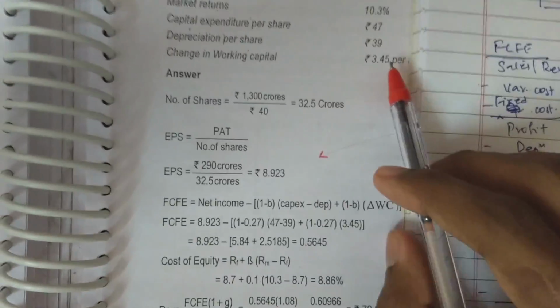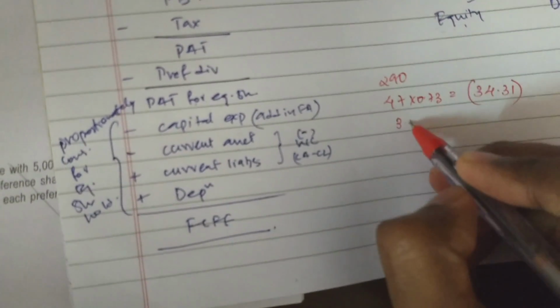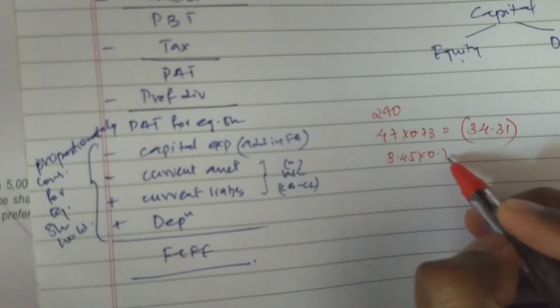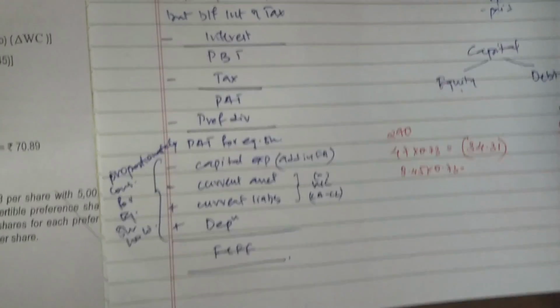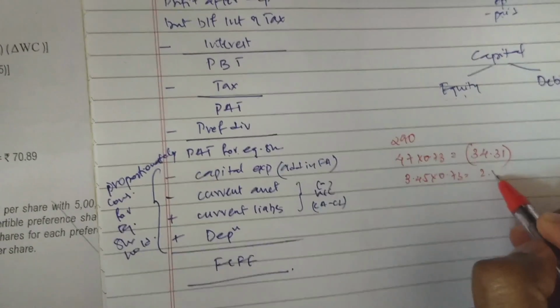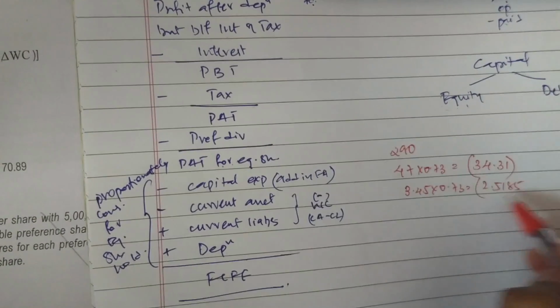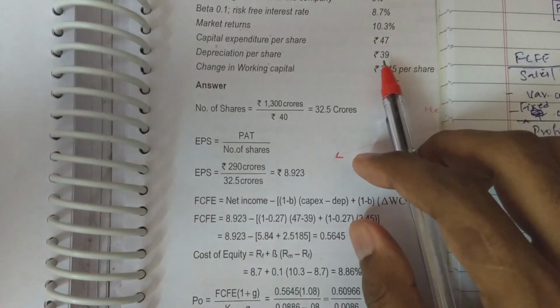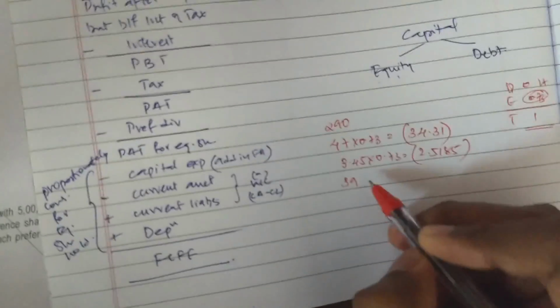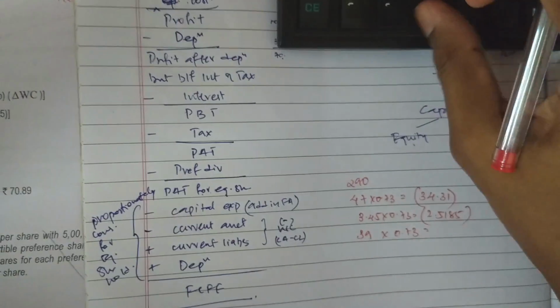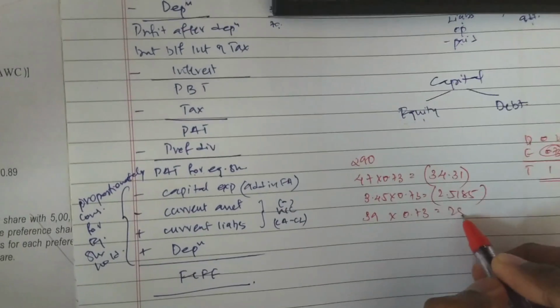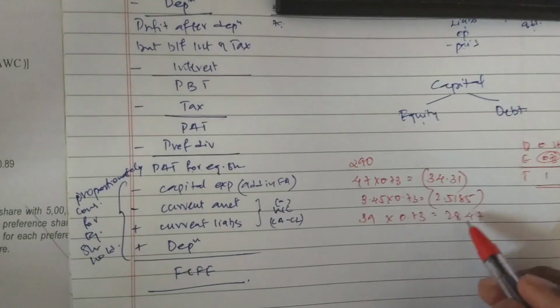Here the change in working capital is 3.45 per share. 3.45 into 0.73 is 2.5185. 2.5185 is to be reduced. Now we have depreciation. Depreciation per share is 39. 39 into 0.73 gives you 28.47. This is to be added.